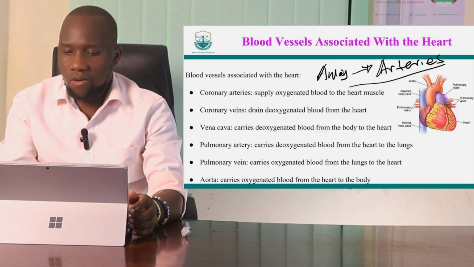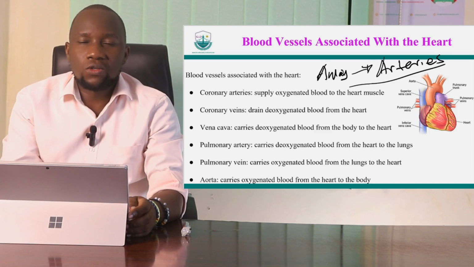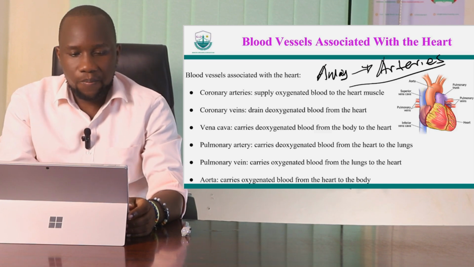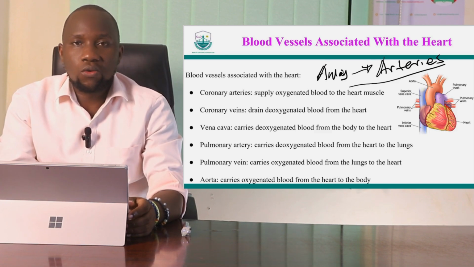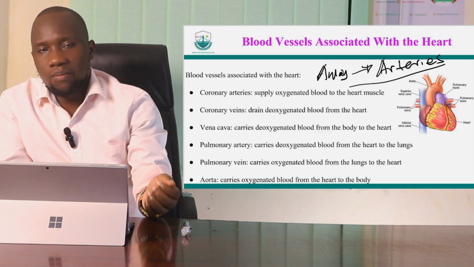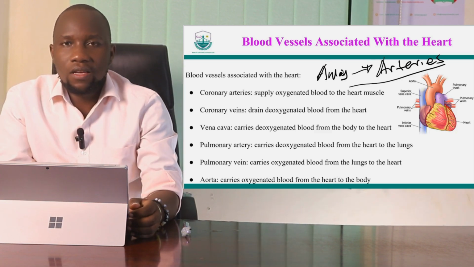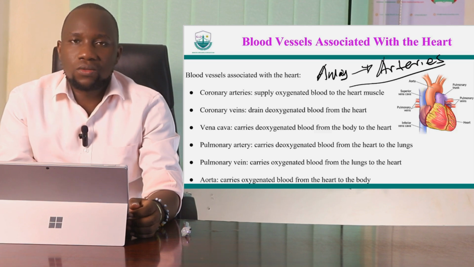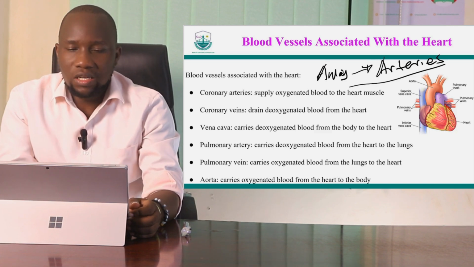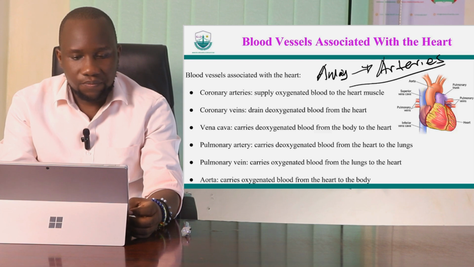Where you see a coronary artery is where you also see the coronary vein. So the artery carries oxygenated blood to the heart muscle, and then the veins carry the deoxygenated blood away from the heart.